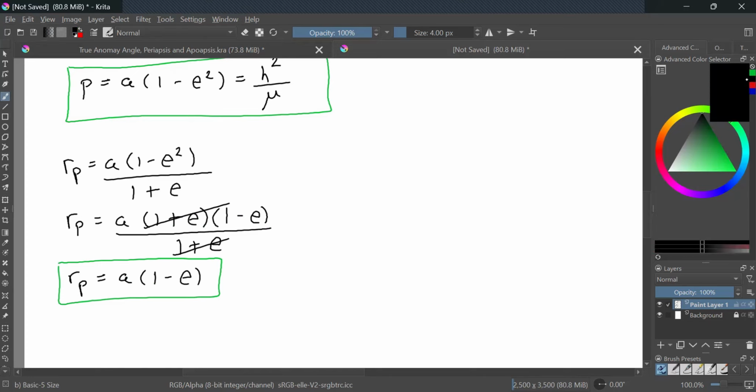All right, so it has to be that simple for the other one, right? For our apoapsis.